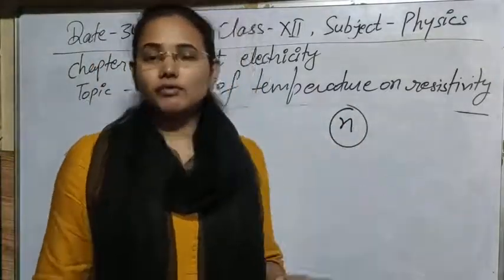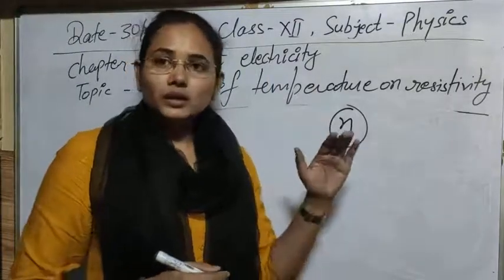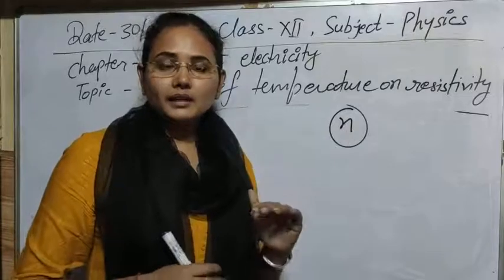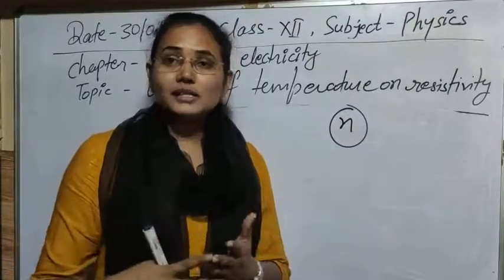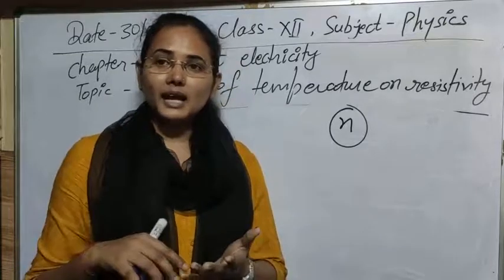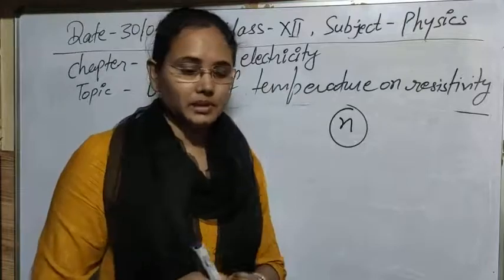After a certain value, it will behave like a conductor, meaning it will then utilize the thermal energy to increase its kinetic energy. First it is utilizing it to break the covalent bonds in the system.